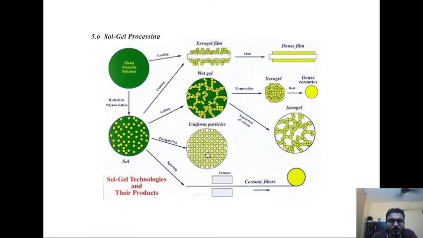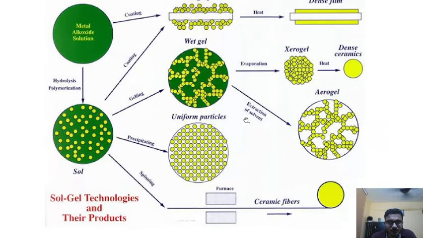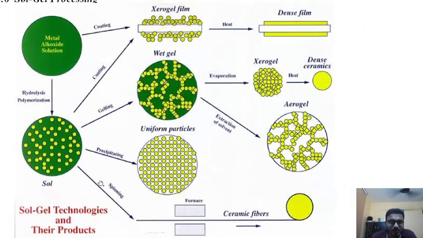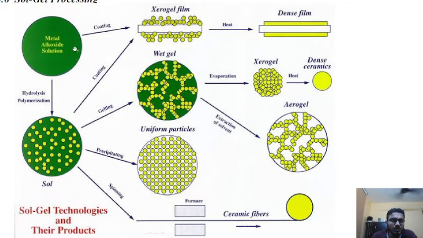Next one is sol gel processing. So sol gel technologies and their products are shown here. First we have a metallic alkoxide solution, and through hydrolysis and polymerization we can get a sol, and through coating of metal alkoxide solution and sol we can obtain xerogel film.